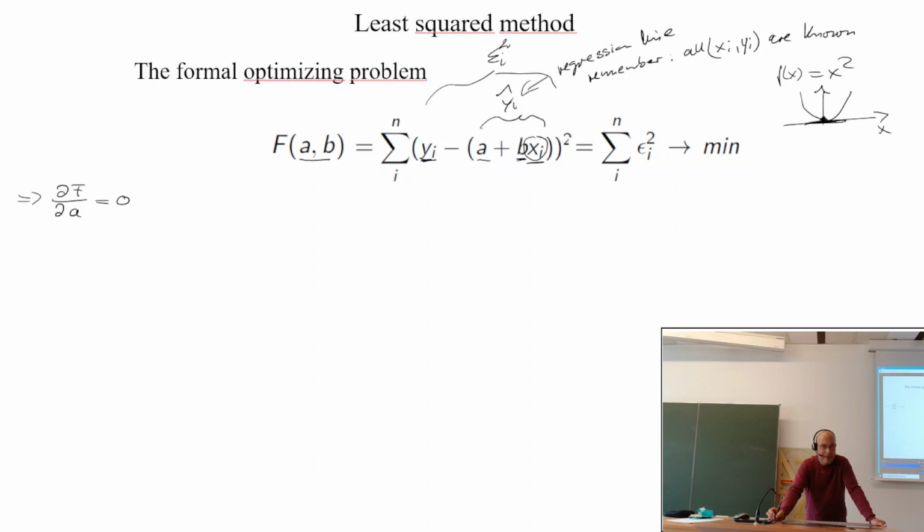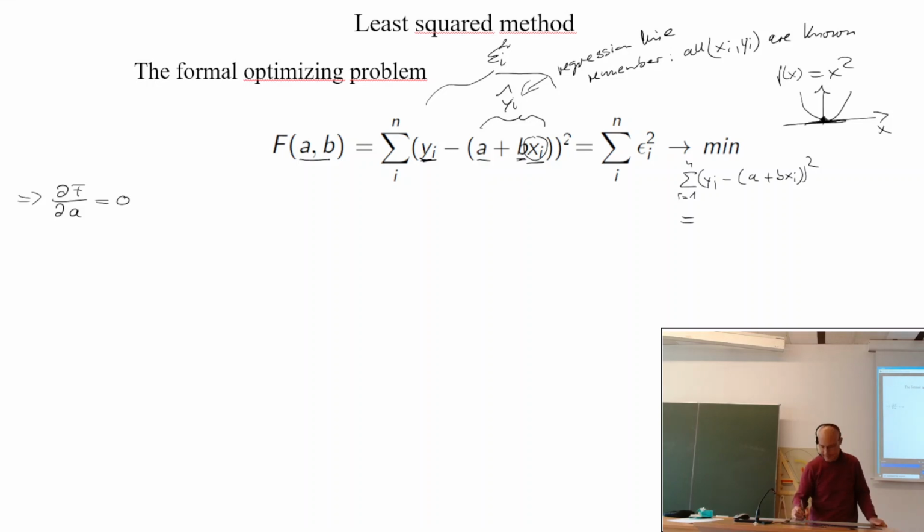Well, this looks quite complicated here, but remember, x and y are all fixed numbers. So what do we have then here if we take yi minus a plus bxi squared?